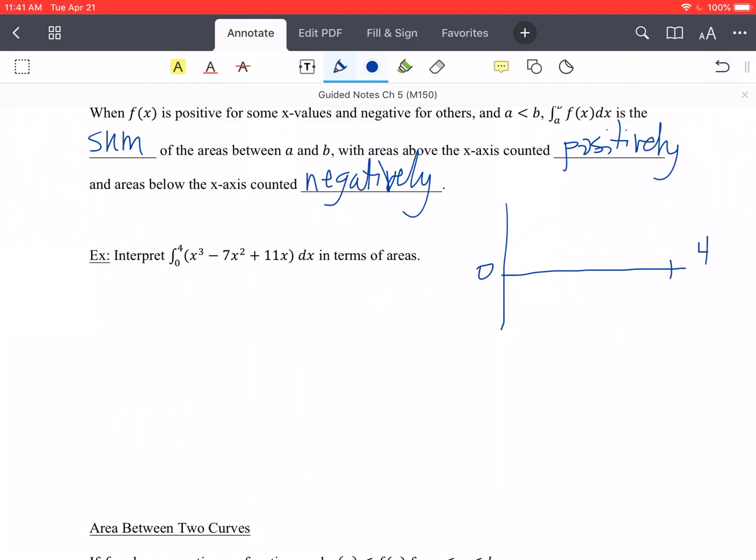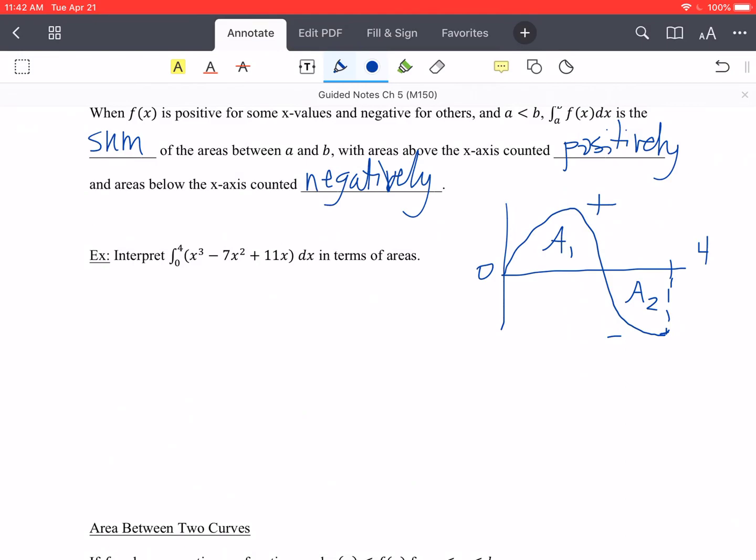It's going to look something kind of like that, roughly. Okay. So right now we can see that this has two clearly distinct areas, right? It has the positive area up here and the negative area down here. So I'm going to label them separately. I'm going to call this one A1 and this one A2.